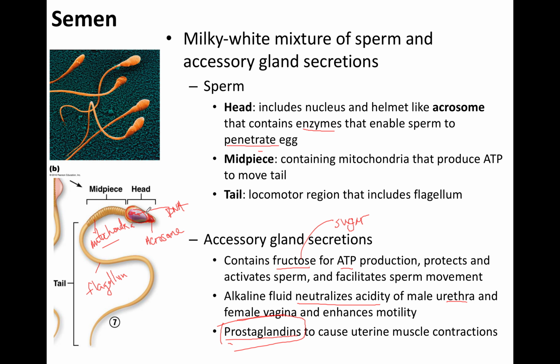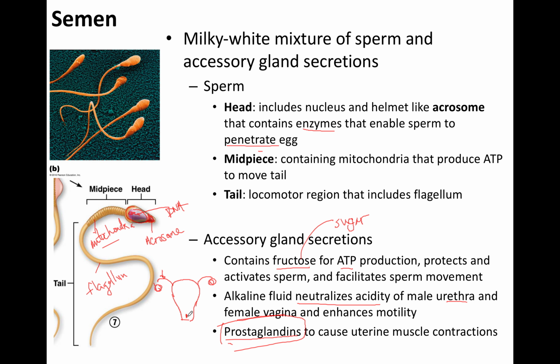The idea is that the flagella is only going to get the sperm so far. If you have a long journey to go, and this is the uterus and you're barely right here, we'll see in the female reproductive system that sperm and egg meet in the fallopian tube.